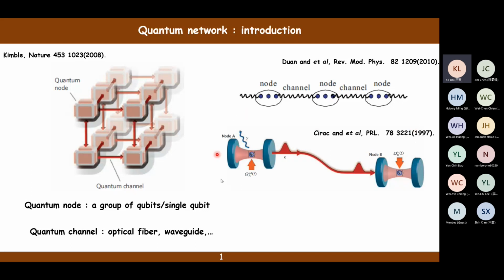And then after some process has been done, the information must be transferred from node A to node B in terms of photons through this optical fiber. So a question naturally arises: how to efficiently load photons from node to node through communication channels?